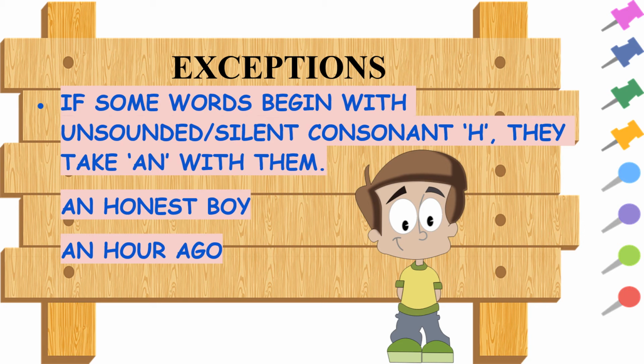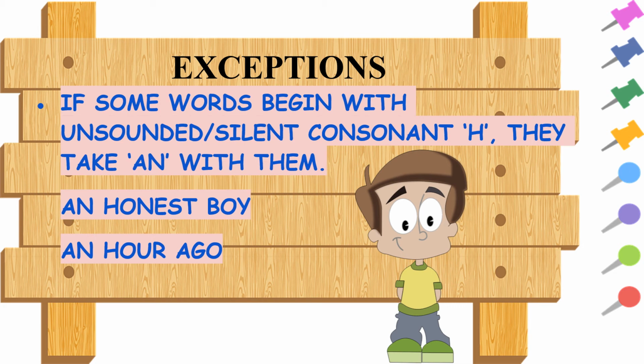Though the spelling has H in the beginning, H is silent and it is giving a vowel sound O, so that's why we have used an before it. Another example, an hour ago. The same thing is happening here also. H is silent, an O sound is coming, and that's why we have used an with it.